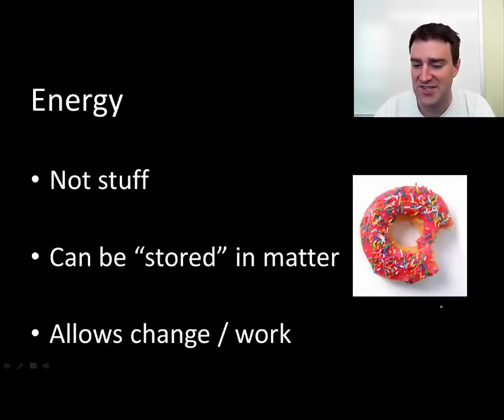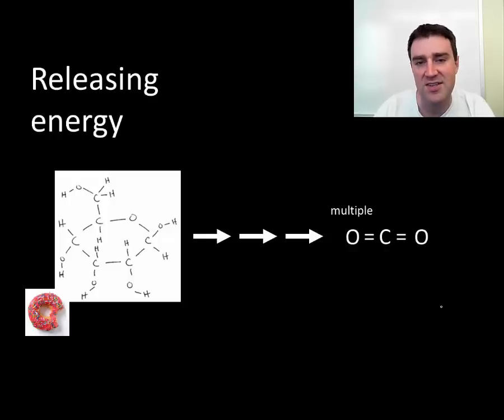And so let me just think about the energy that's stored in calories in chemical bonds in this donut. Donuts have lots of sugar and fat, which are also ways that our own bodies store energy. So when you eat that, you're really incorporating those molecules into cells of your body. And what you can do then is, if we think about that sugar that I drew before, you can actually take apart the chemical bonds that are in that sugar, eventually turning that sugar into carbon dioxide, CO2.